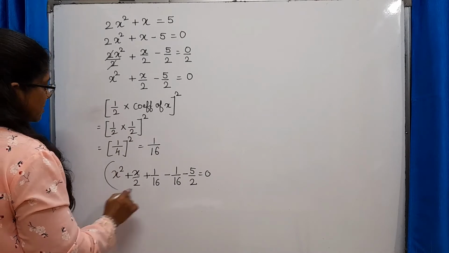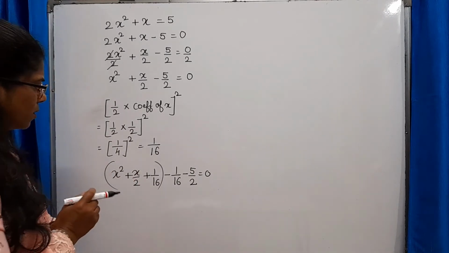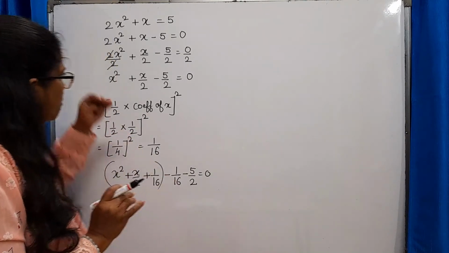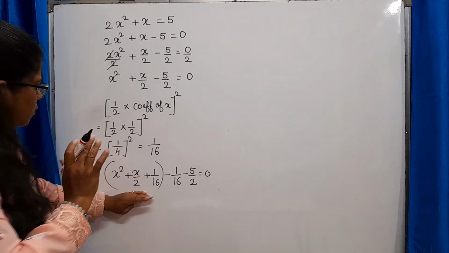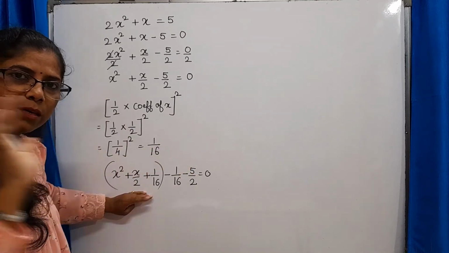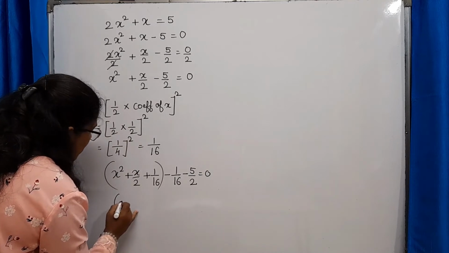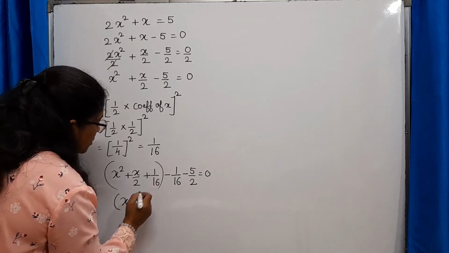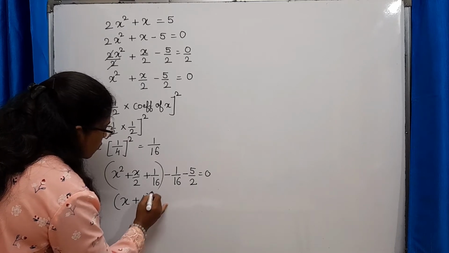Now as I said, this part is a perfect square. Okay, now don't think much. If you are perfect in this, be sure that whatever you get here is going to be the correct answer. So here 1 upon 16 is square of 1 upon 4.